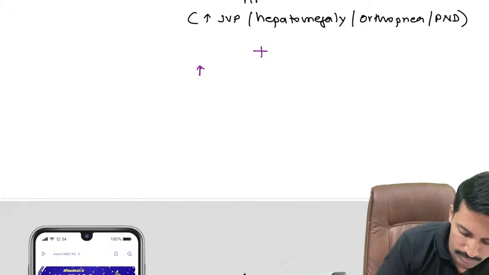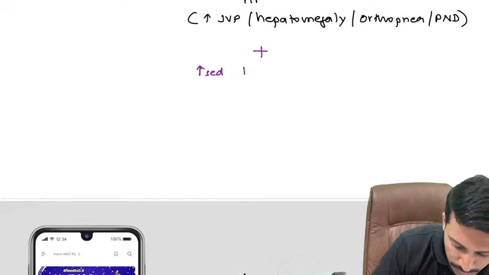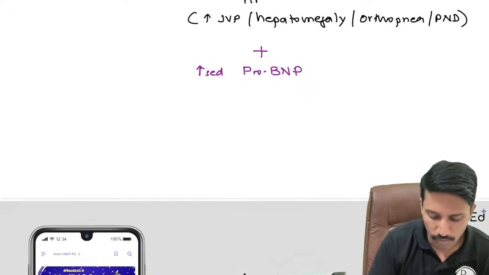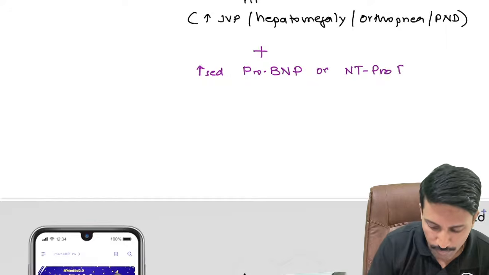So the role of biomarker is elevated natriuretic peptides, mainly BNP, that is B-type natriuretic peptide, or a precursor of it called N-terminal pro-BNP.